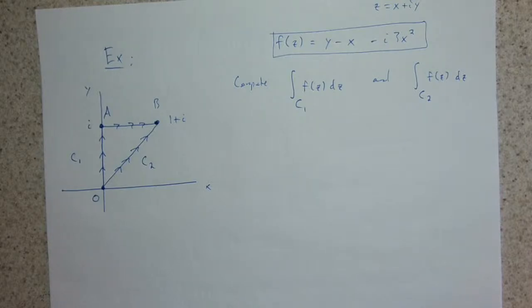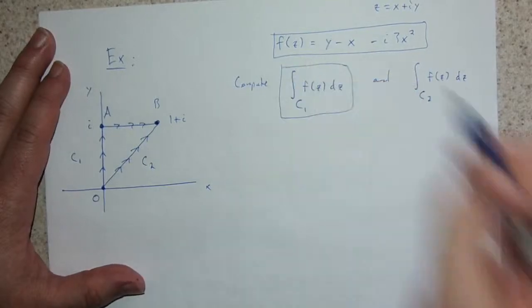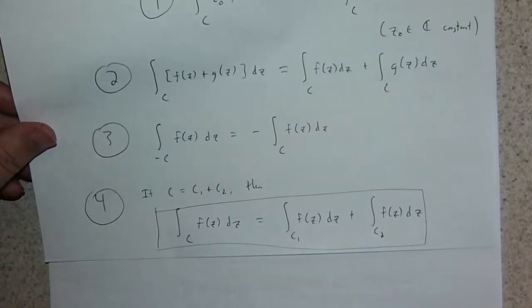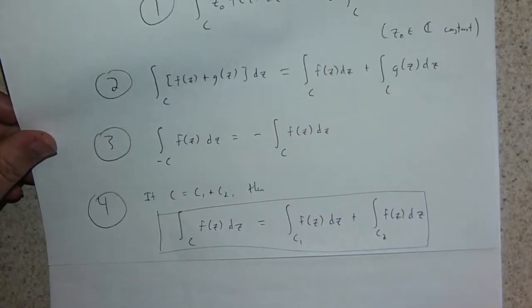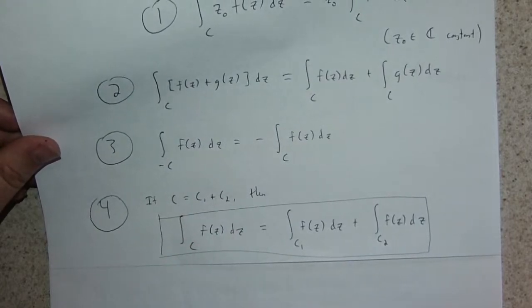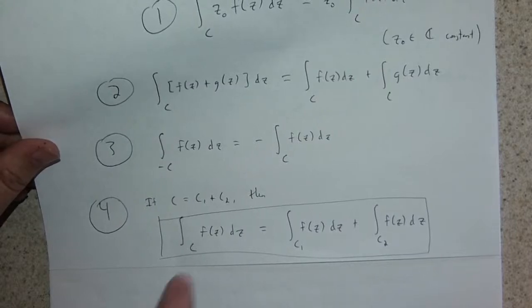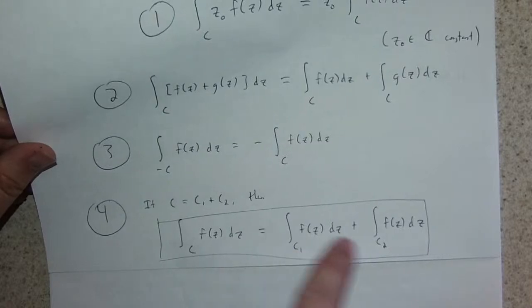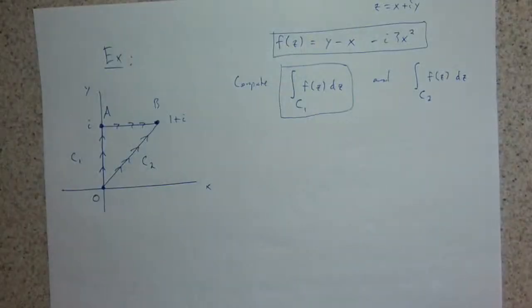Let's compute this one first. Note from the previous properties that I mentioned, if you have a curve that is the concatenation of two curves, laying the curves end to end so that it traverses one and then the other, then I can compute the integral along that contour as a sum of contour integrals, broken up along those pieces.